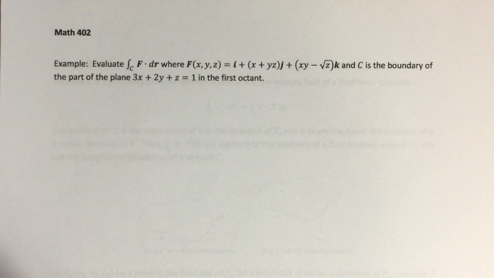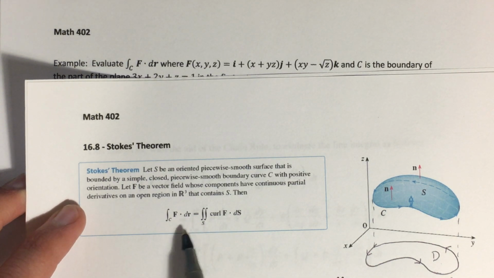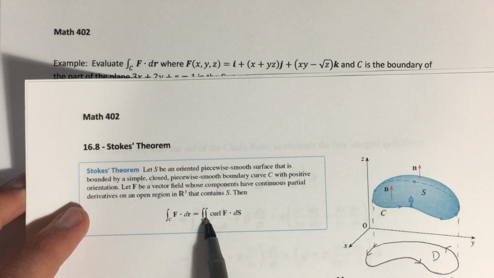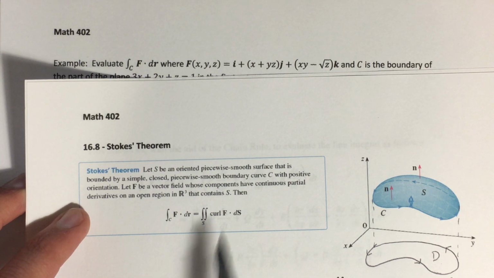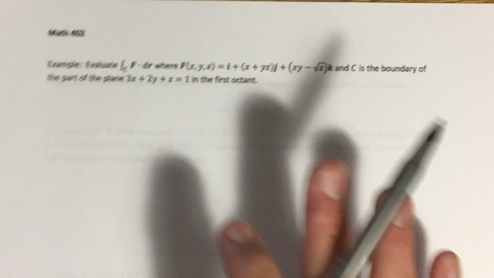So it's important to note this, that it's not always that we're evaluating a surface integral of the curl of some function dS. Sometimes we're given this and we use the left-hand side to evaluate. Sometimes we're asked to do this and it's easier to use the right-hand side to evaluate. So the next example, that's what we're going to be doing.